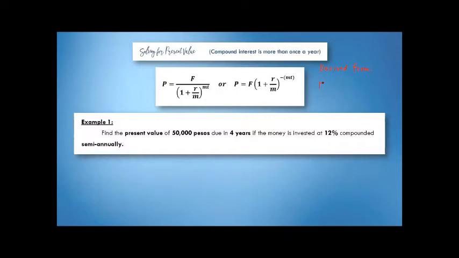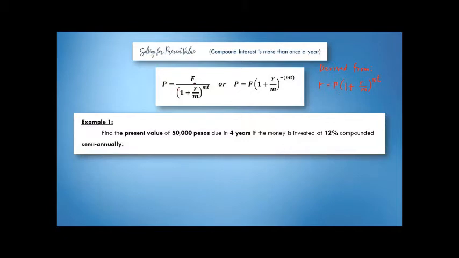from the general formula F is equals to P times the quantity of 1 plus R over M raised to M times T. So, dinerive natin to dahil ang unknown natin ngayon ay present value. Ito na siya.